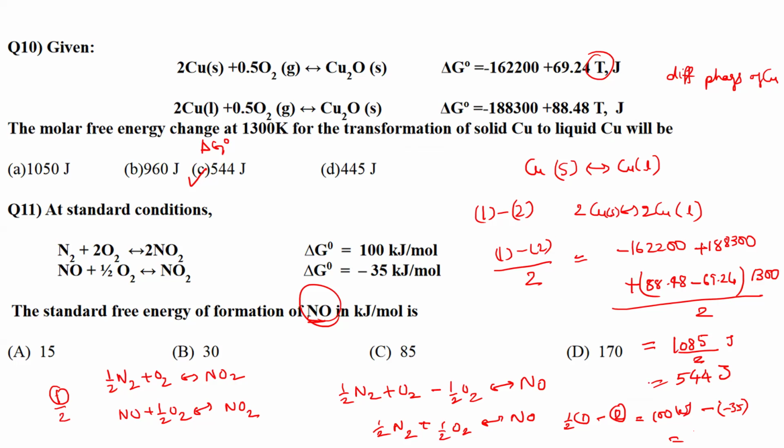Oh sorry, yeah. So this half of 100 is actually 50 here. That is what I was searching for. Where did I make the mistake? Yeah, 50 minus 35. And this is 85.